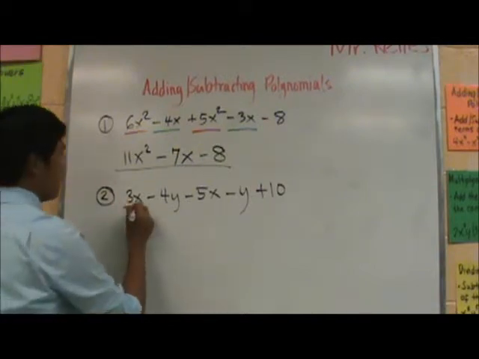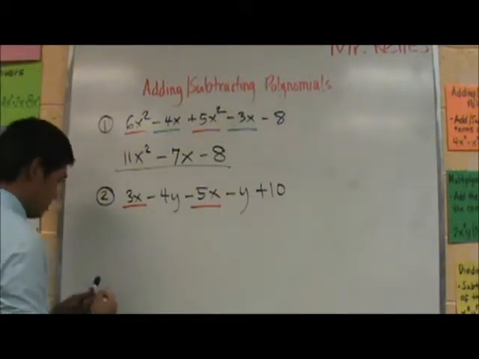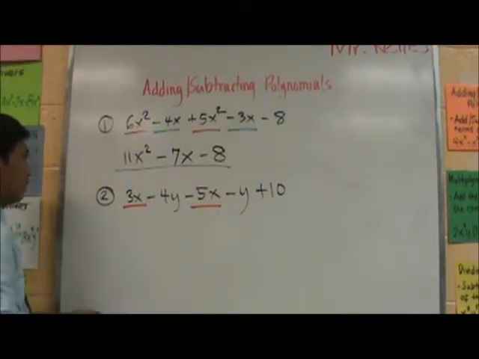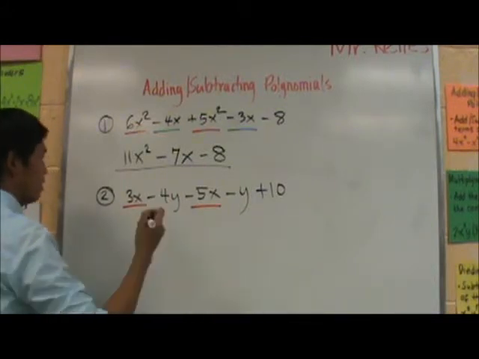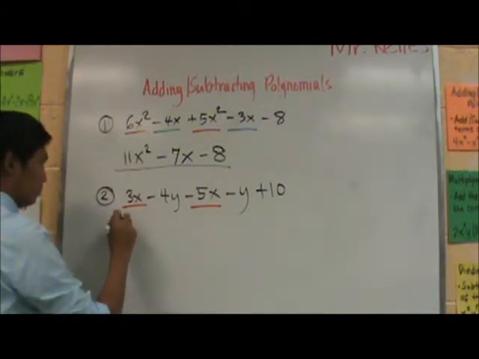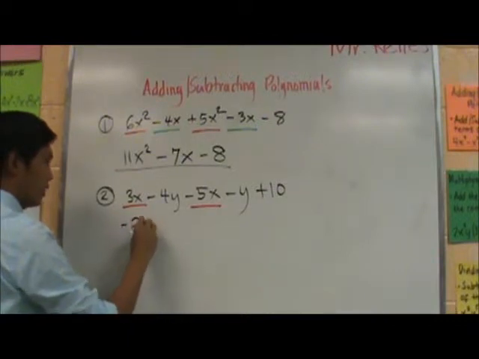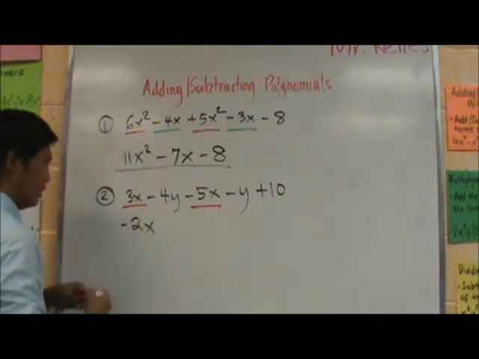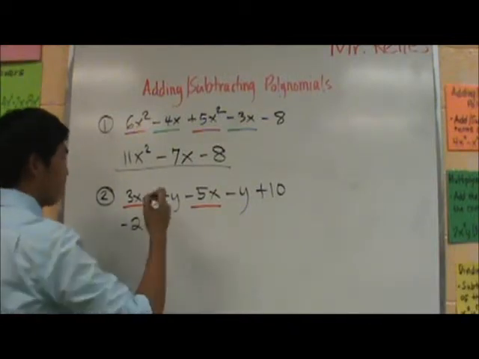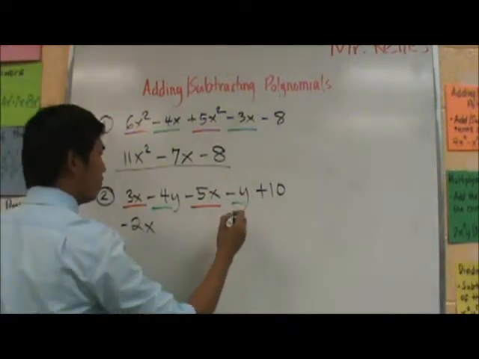Let's start with the ones with x's. So 3x minus 5x will give you negative 2x. Okay. And then, how about the y's? Negative 4 and then negative y.